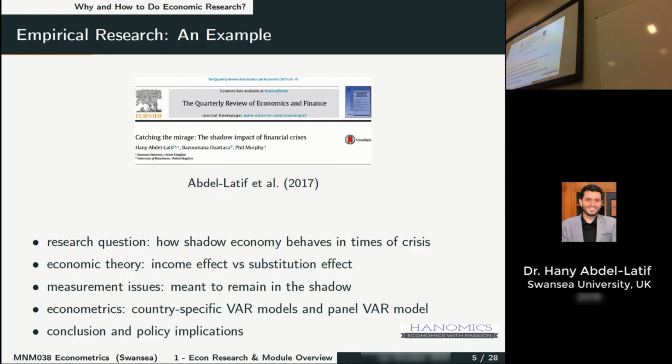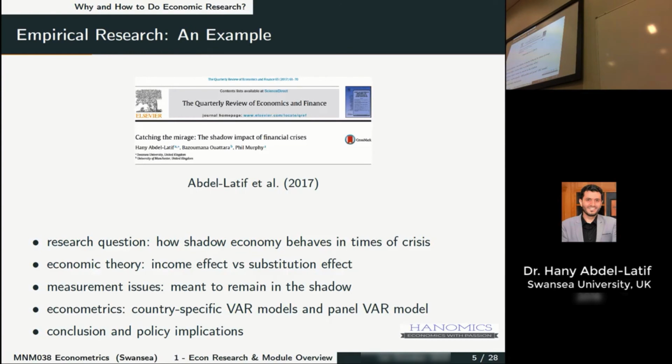Well, because it's crisis time. If it does expand and it gives some chance for the economy to absorb the shock, and that's exactly what we said in the paper, and what we found by the way, then maybe some sort of lax enforcement of anti-shadow regulation during bad times might be a good idea.